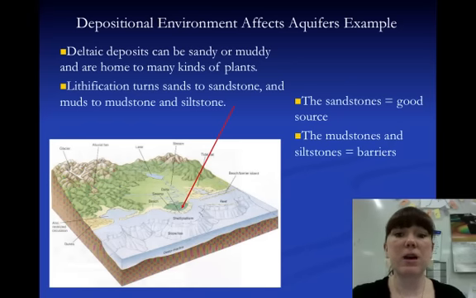And sandstones here can be very good water-bearing rocks. The mudstones and siltstones, however, might be barriers to water flow because the particles are so small there's not a lot of pore space. Organic material that gets trapped in the rock from swampy areas might cause poor water quality because it can release gases, and also the vegetation decaying can release a lot of chemicals into the water there.